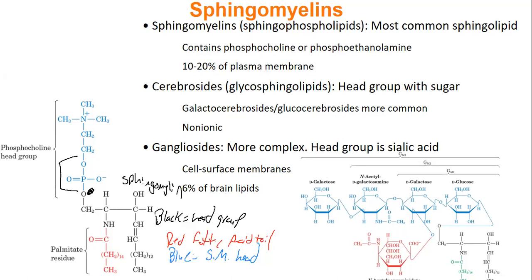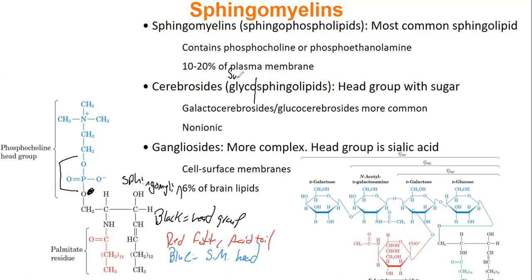Now, we can continue to switch the head groups at position 1, and we make different types of lipids with that. So we can make a glycosphingolipid, right? Let's break down that word to make it easier to remember. Glyco means sugar, right?